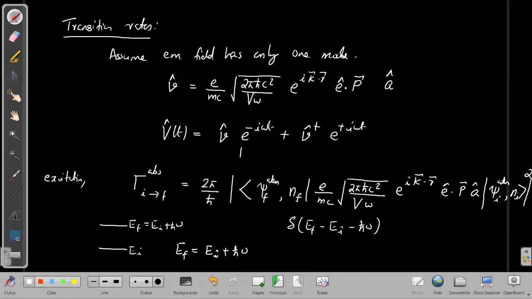So in this process the atom has to absorb a photon h cross omega in order to reach the final state. In order to do that, the number of photons has to be decreased by one, so we can see it here. Now, there is an annihilation operator A. This annihilation operator A acts only on Ni, so we can divide this into two terms.